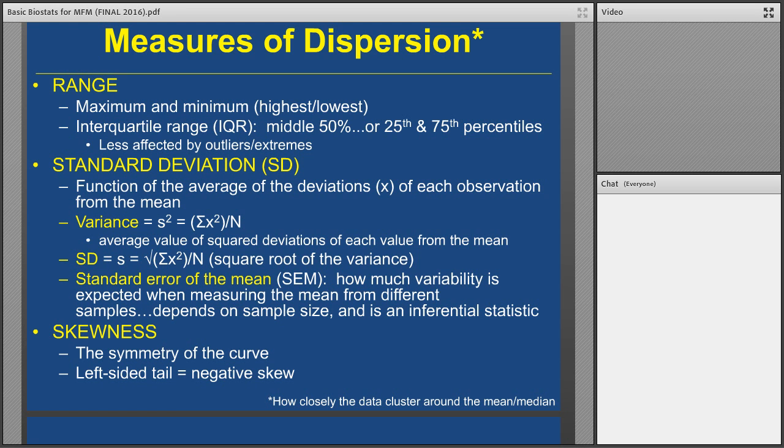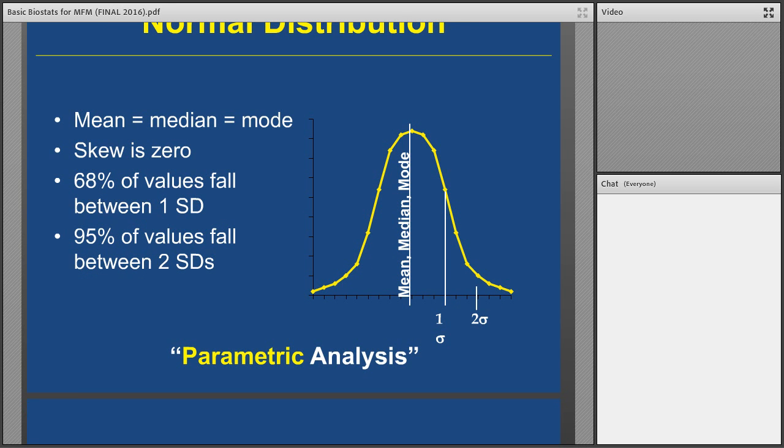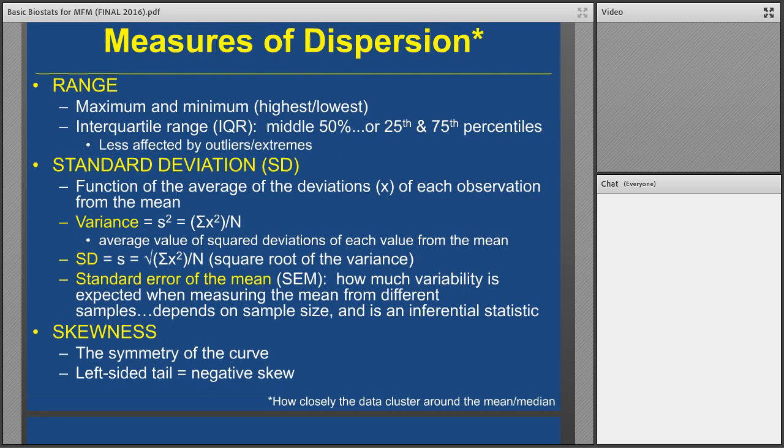So standard deviation is what the actual data says, whereas the standard error of the mean is from different samples and depends on sample size. And then finally, for measures of dispersion, when things are non-normally distributed, the symmetry of the curve can be described in skewness. The left-sided tail would be a negative skew. We'll get to that in some visuals I have in a second.